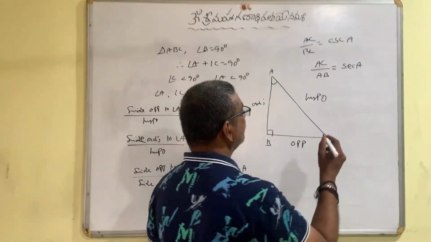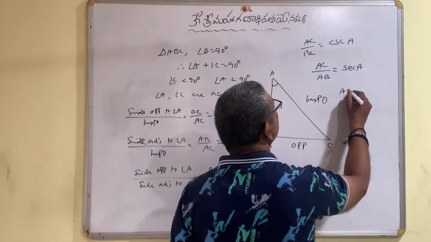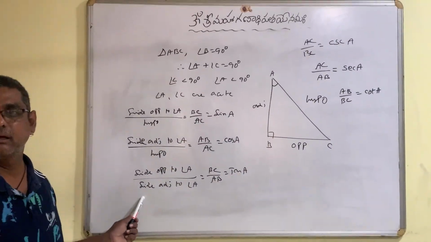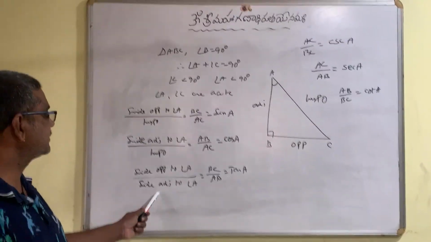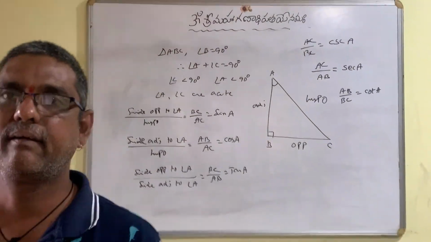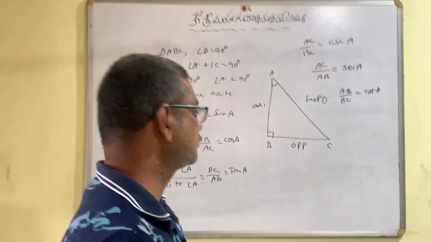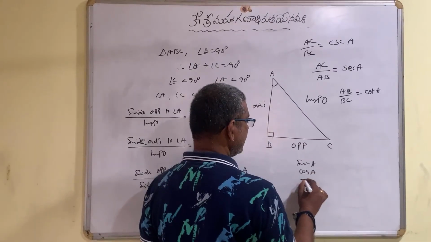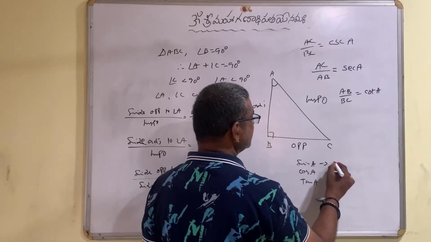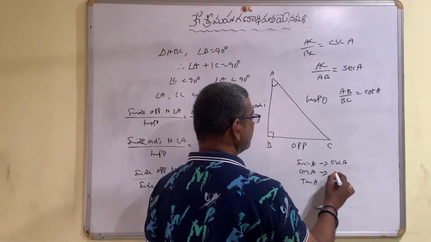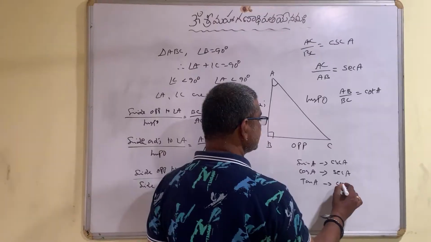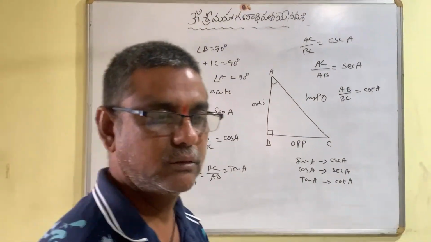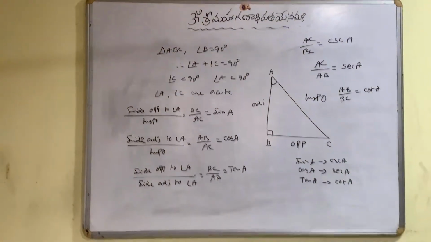Next, last one, AB by BC, which is cotangent A, reciprocal of tan A. Side adjacent to angle A by side opposite to angle A, which is known as cotangent A. So, 6 ratios: sin A, cos A, tan A, and the reciprocal of these: cosecant A, secant A, and cot A. Okay? 6 trigonometric ratios.